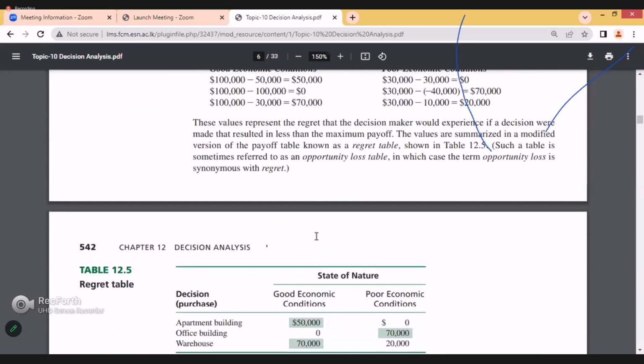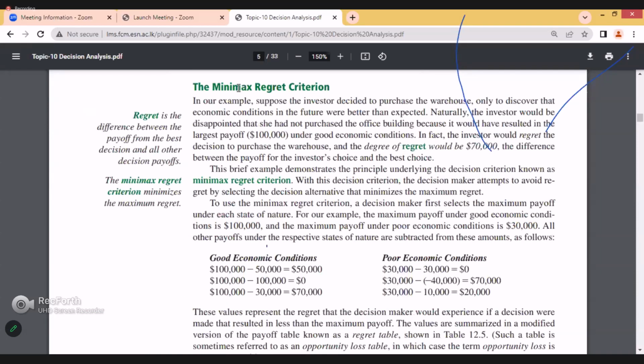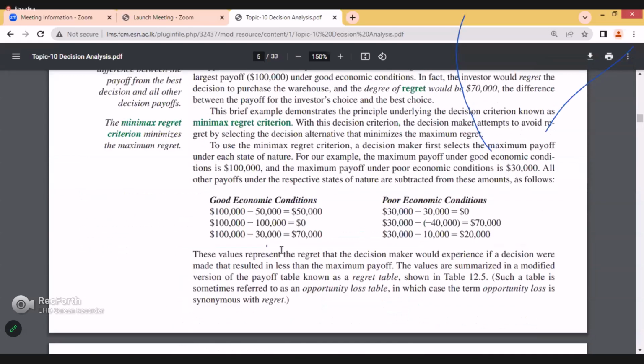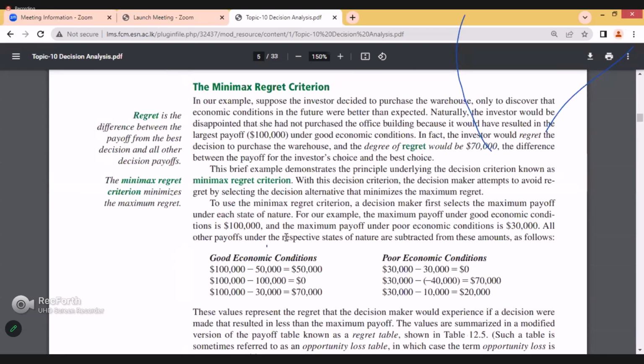So especially for the minimax regret criterion, we have to develop the regret table. After developing a regret table, just take the maximum one minus each value for each economic condition, separately for good and poor economic conditions.